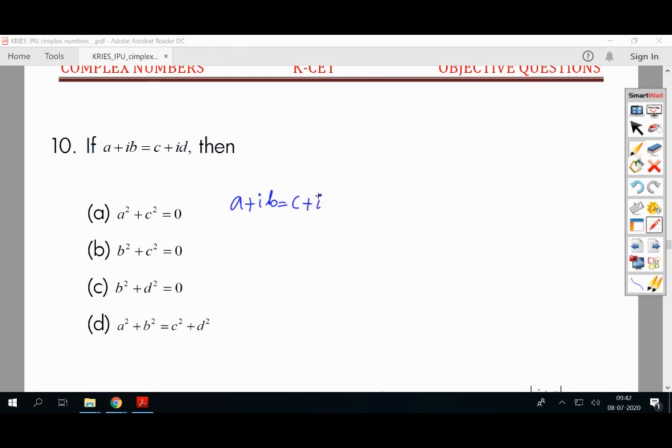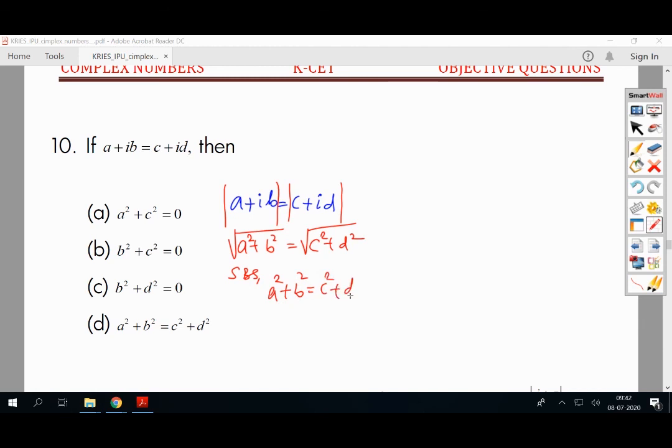So now modulus of a plus ib is nothing but root of a square plus b square, is equal to root of c square plus d square. We will square on both sides of this. It is a square plus b square is equal to c square plus d square. Option D is going to be the correct answer for this question.